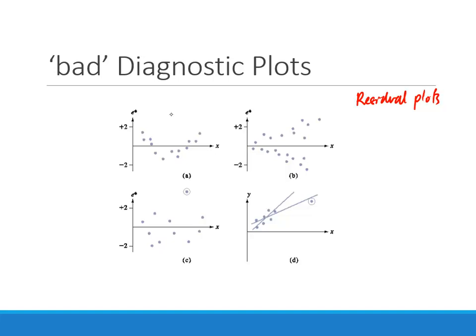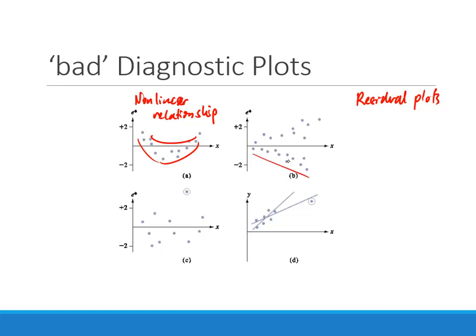So if you see something like this in the upper left here, this tells you that you have maybe a nonlinear relationship, because there is that curved pattern going on in your residual plots. Because it's in this parabolic shape, that means that your relationship is not really linear.